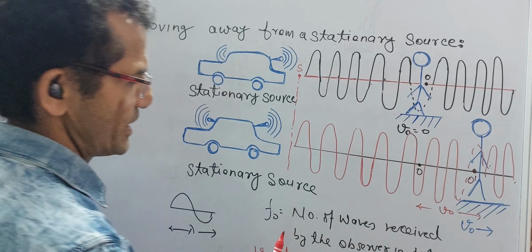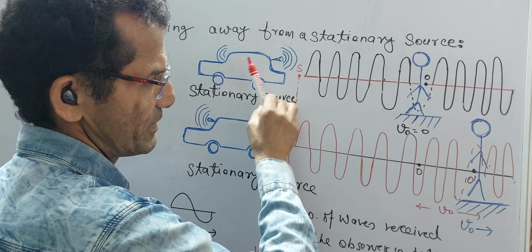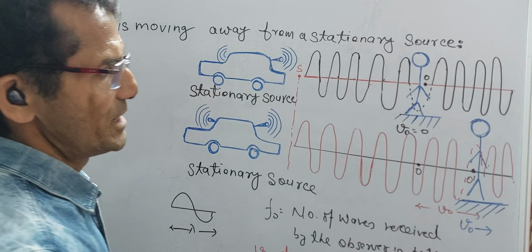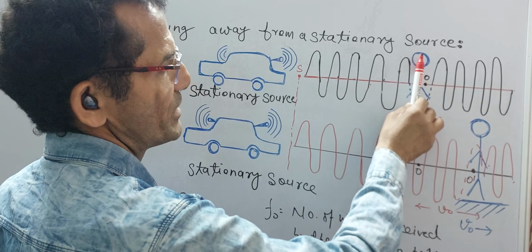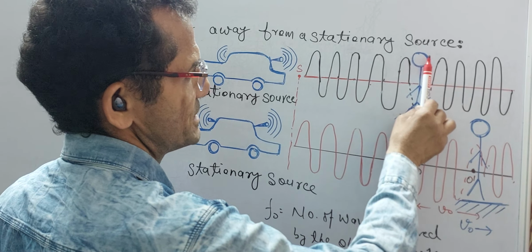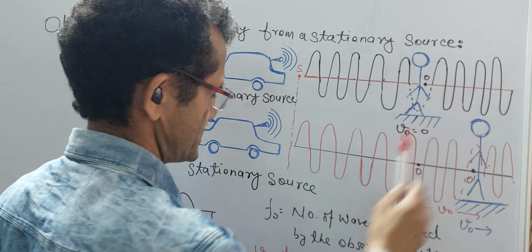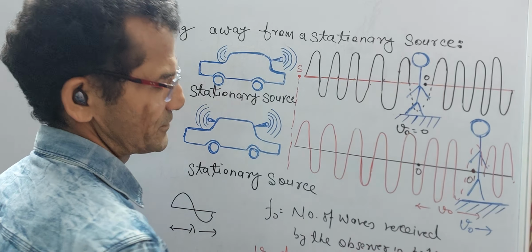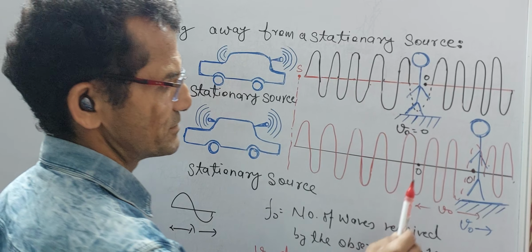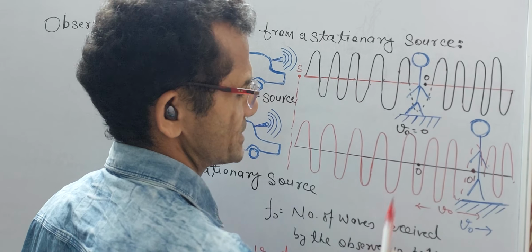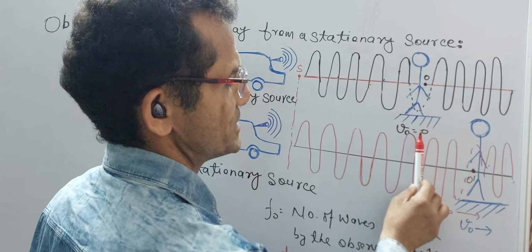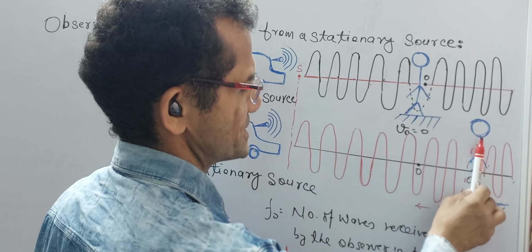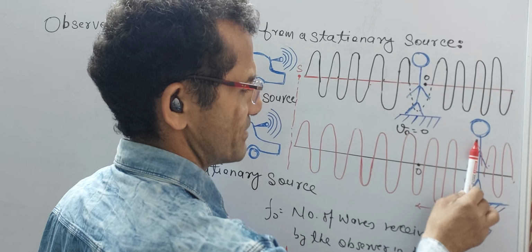At the beginning when both are at rest, at t equal to 1 second, the number of waves received by, or crossed by, the observer is f0. This is the original. Now when the observer moves from O to O dash, the waves which reside in these regions will not be received by the observer.